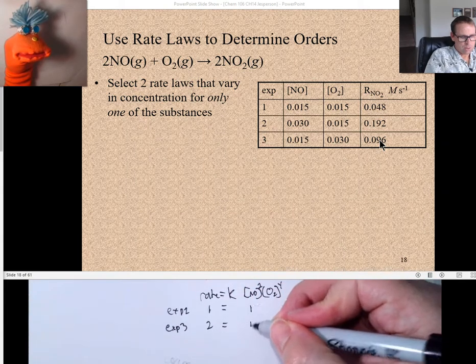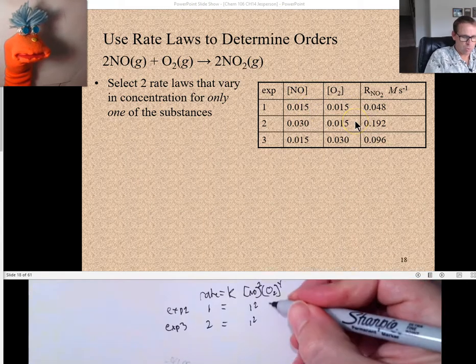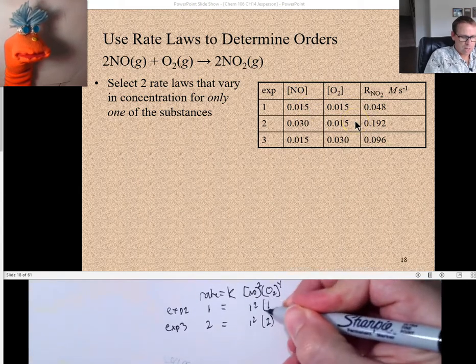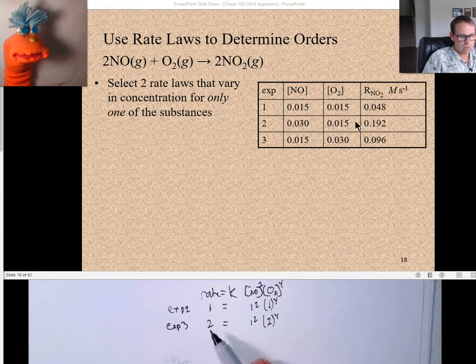So for experiment 1 and experiment 3, the rate goes from 1 to 2, and my concentration of NO doesn't change. It's 1 to 1, the same concentration, but the oxygen goes from 1 to 2, and that helps me identify what the y is. Doubling the concentration of oxygen gas raised to some value doubled the rate.